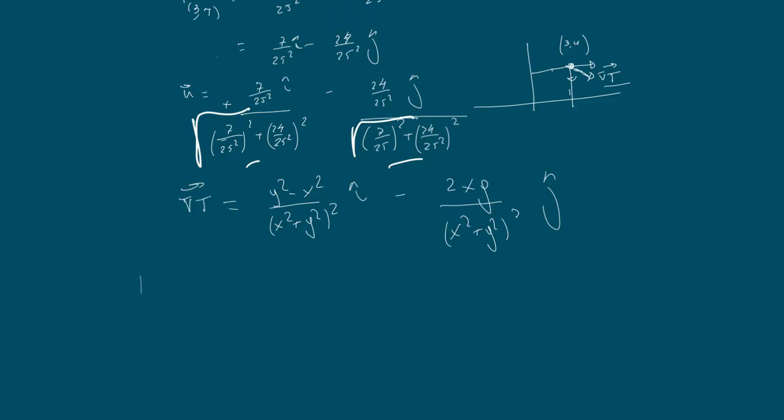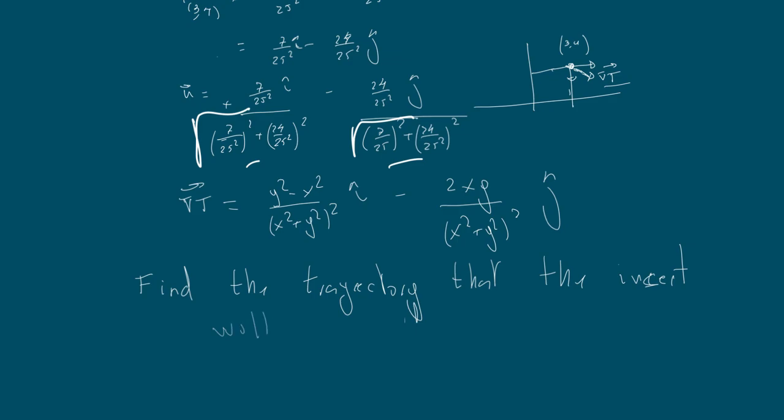So the problem is to find the trajectory that the insect will do following the maximum increase in temperature, in other words, following the gradient.